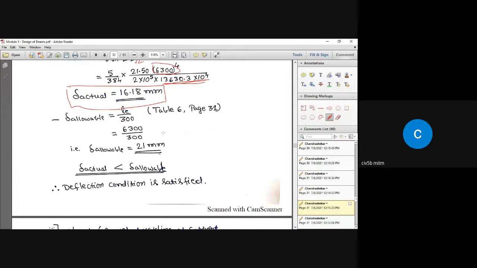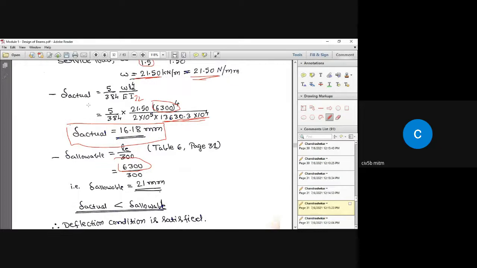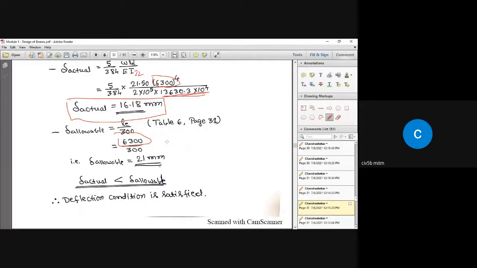What is the effective span here? It is not 6 meter. 6 meter is the clear span. So the effective span is 6.3 meter, which is nothing but 6,300 millimeter, divided by 300. So allowable deflection is 21 millimeter, but the actual deflection is how much? Actual deflection is 16.18 millimeter.